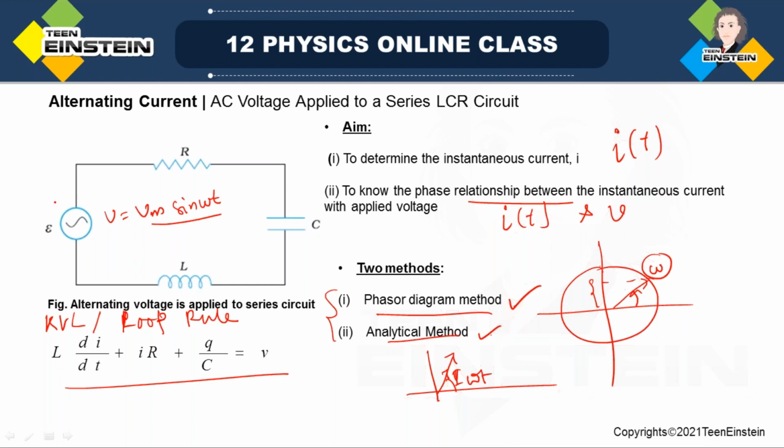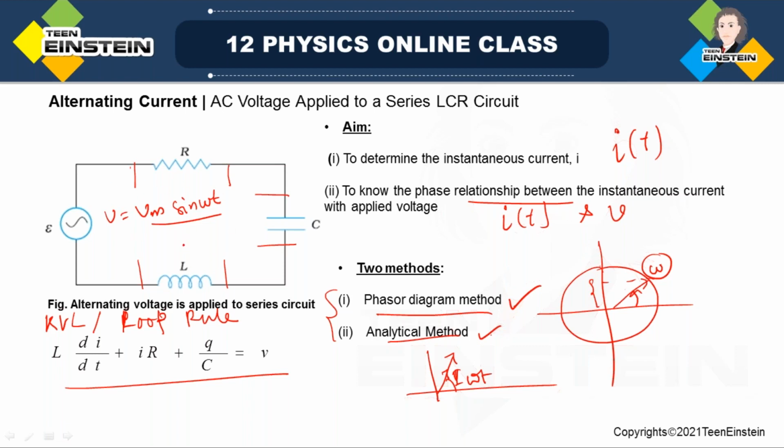That means the whole voltage across this source will be drawn by all of them. So if I know the voltage drawn by the resistor, voltage drawn by the capacitor, voltage drawn by the inductor, if we add all of them, we'll get the source voltage.